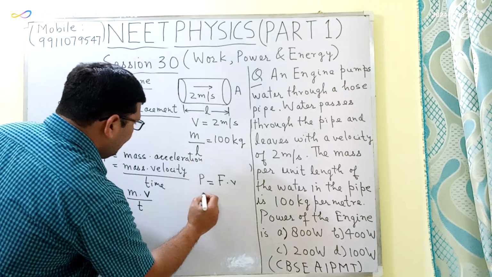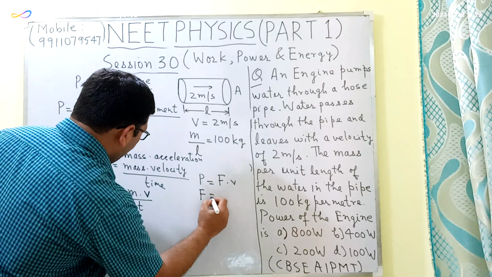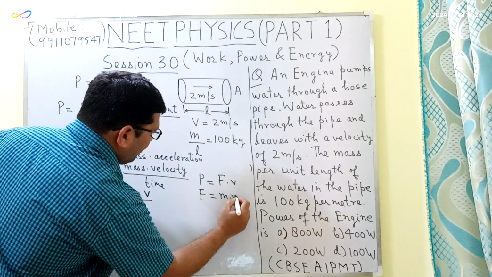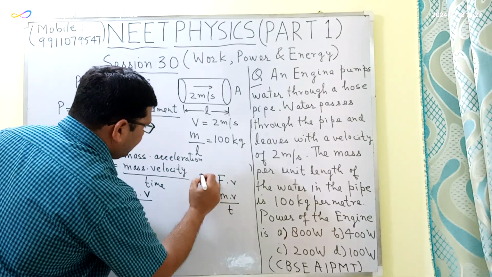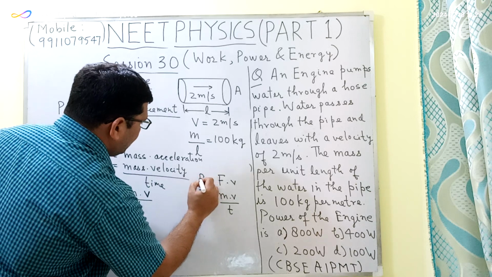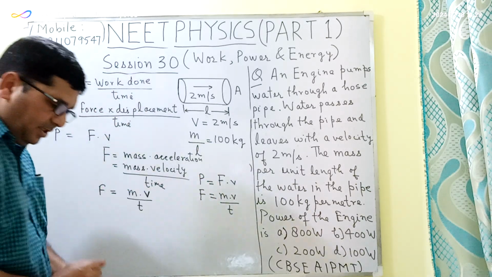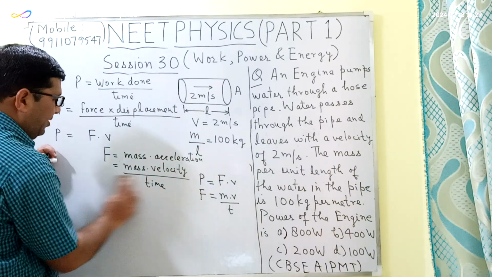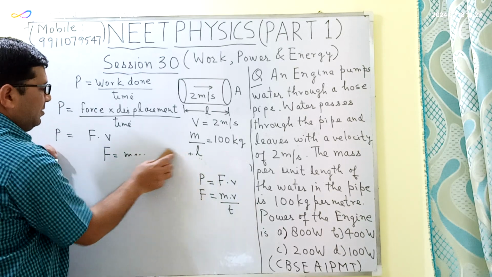So this is equal to F is equal to m into v upon t. So this is the second formula which we have got.